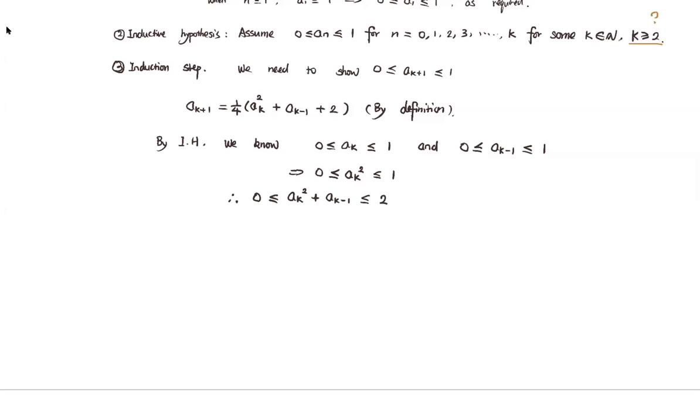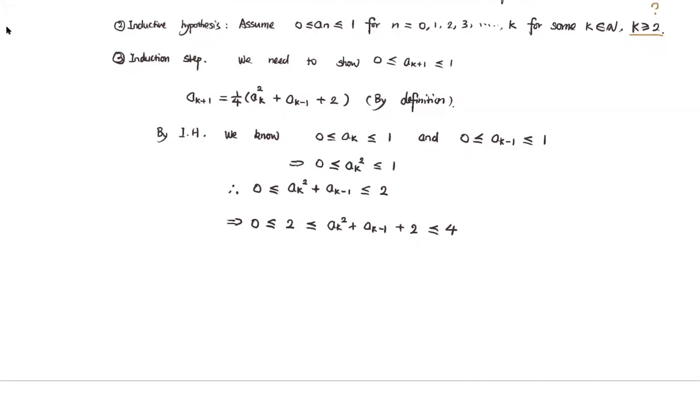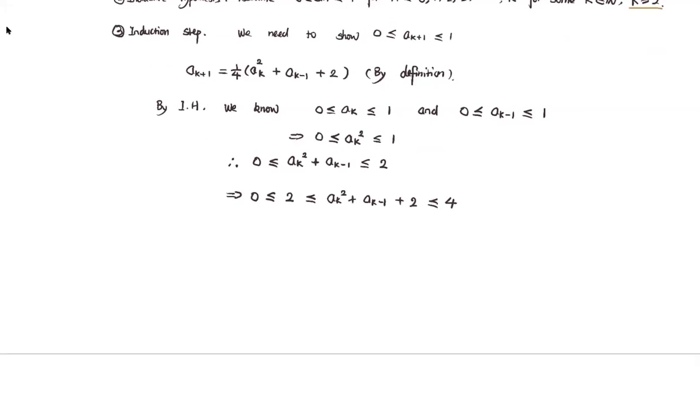Okay, and you need to add 2 to it. So 0 is less than or equal to 2, which is less than or equal to AK squared plus AK minus 1 plus 2, which is less than or equal to 4. Now you need to divide it by 4 because we want 1 over 4 times the whole thing.